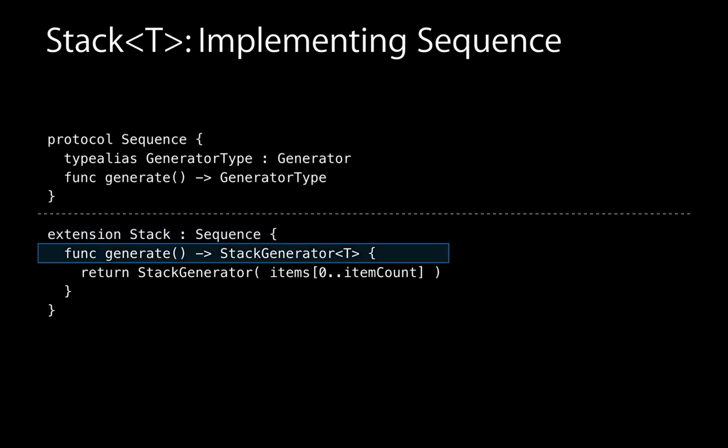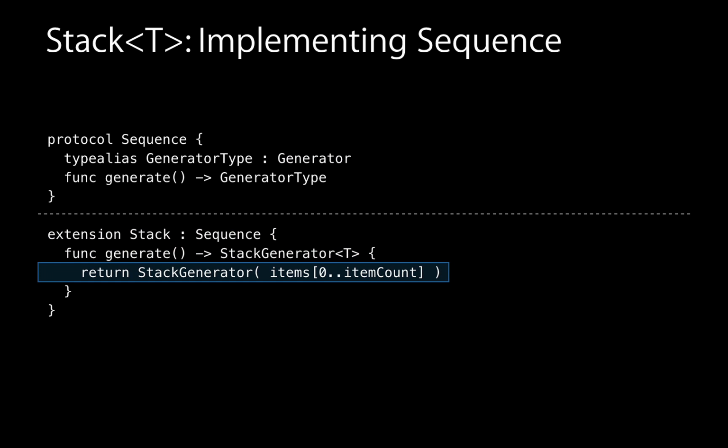In a lot of ways, Swift is a protocol-based language. Next, I want you to notice that I haven't given the associated type explicitly, right? It gets deduced from the signature of this function, which returns a stack generator, which is the thing we just created. Lastly, I want to point out that there are some circumstances where you don't even need to write the type parameters on a generic type.